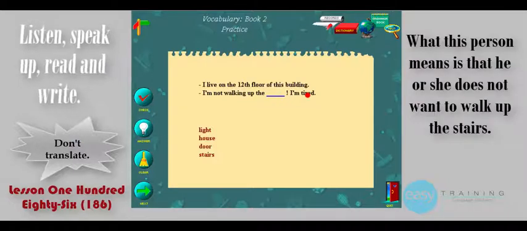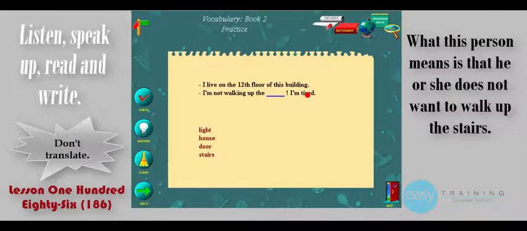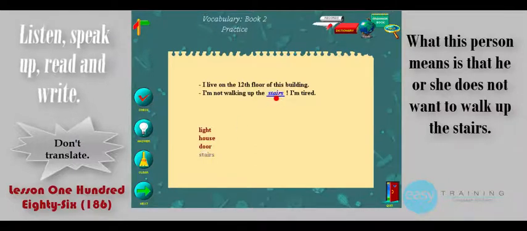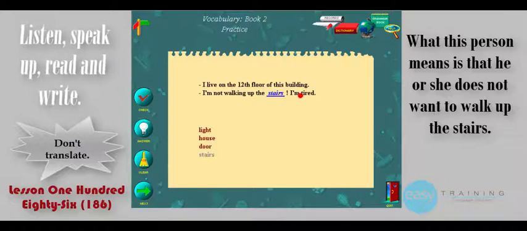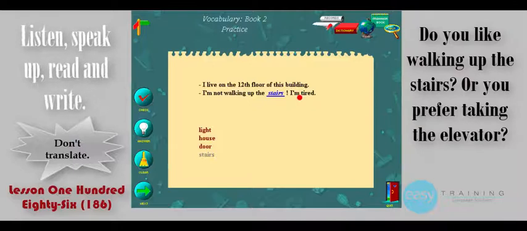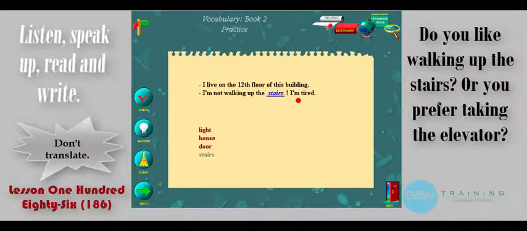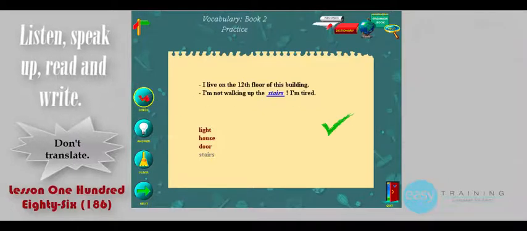What this person means is that he or she does not want to walk up the stairs. This person doesn't want to walk up the stairs because he or she is tired. Do you like walking up the stairs? Or you prefer taking the elevator? Let's see whether this is right. Yes, it is right.